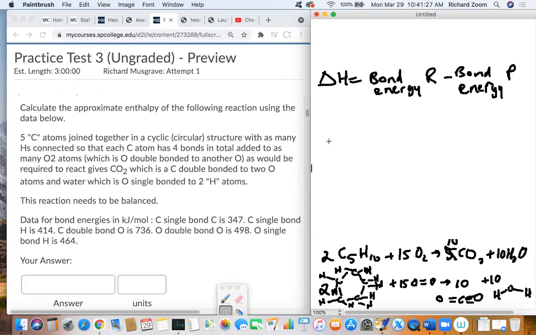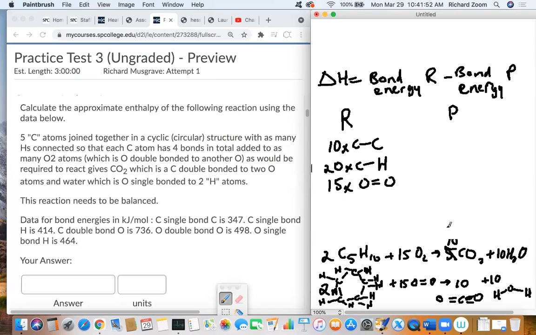All right, so let's look at the reactant side first. We'll have 10 by CC single bonds. Now hydrogen, CH bonds, there's 10 of those times 2 is 20, so 20 by CH bonds. And then we'll have 15 by OO double bond.